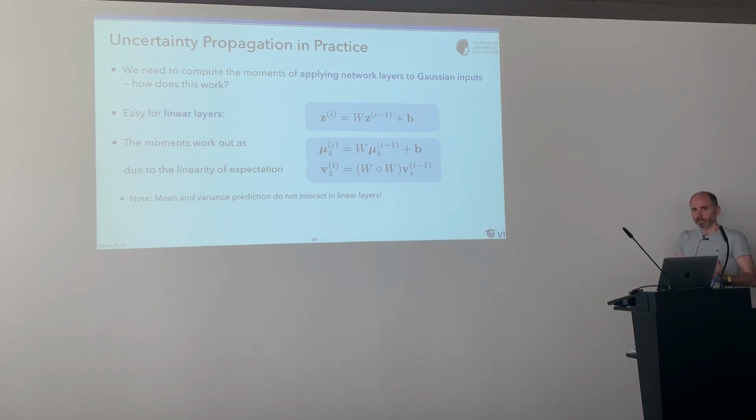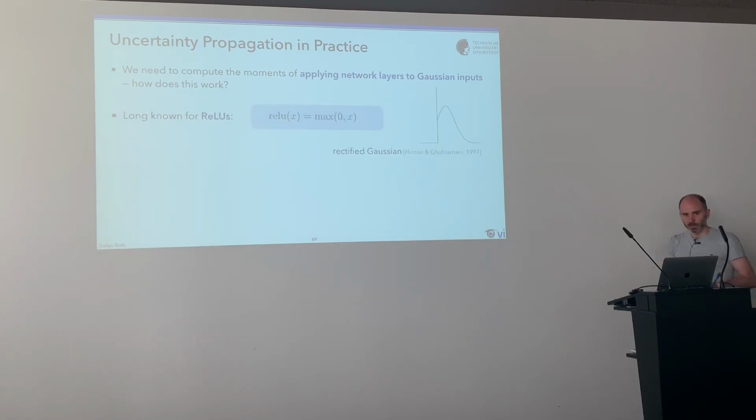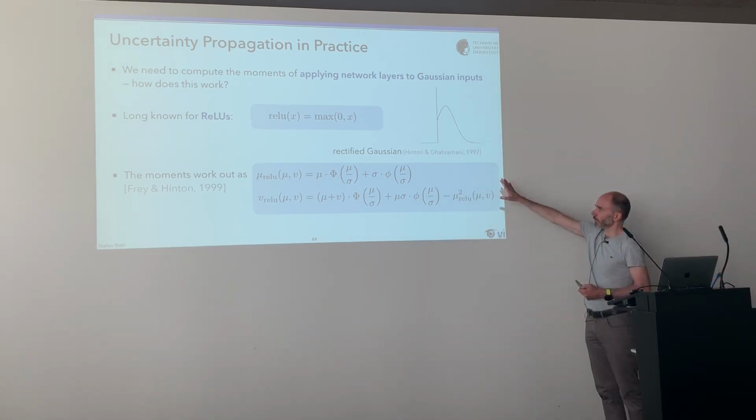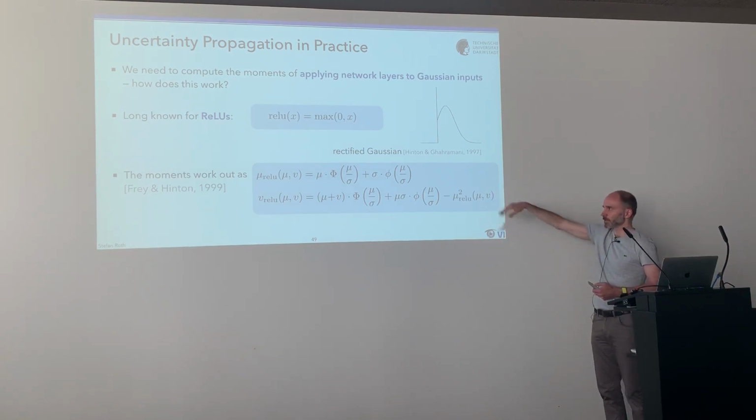If our network only had linear layers, it wouldn't be very powerful, so we need a nonlinearity. So the most common nonlinearity are the rectified linear units. And it turns out, even in the 90s already, Hinton and Ghahramani looked at rectified Gaussians and how we can represent them. And it turns out we can actually compute the mean and the variance of a rectified Gaussian in closed form. Okay, I don't want to derive this and explain the equation in detail.